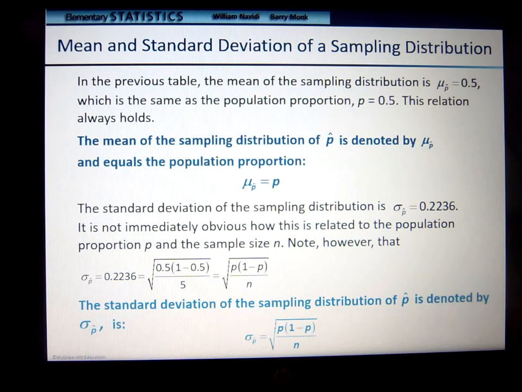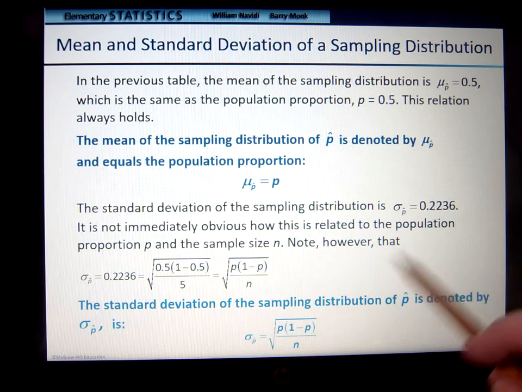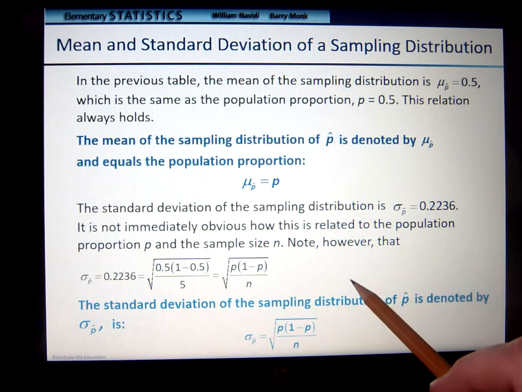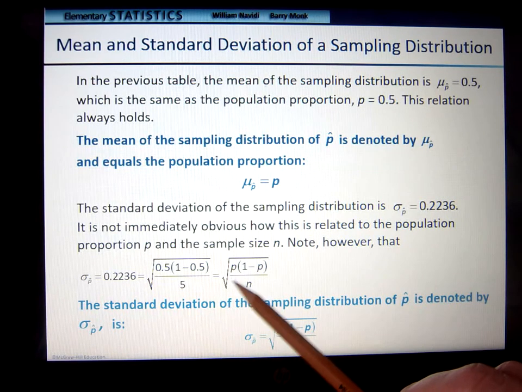The standard deviation of the sampling distribution is sigma of P hat, 0.2236. It is not immediately obvious how this is related to the population proportion and the sample size.